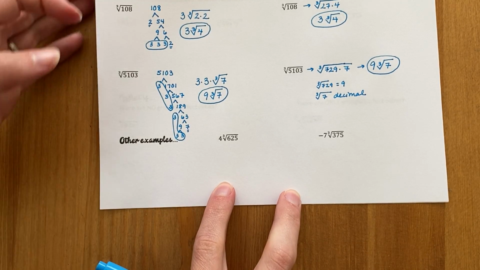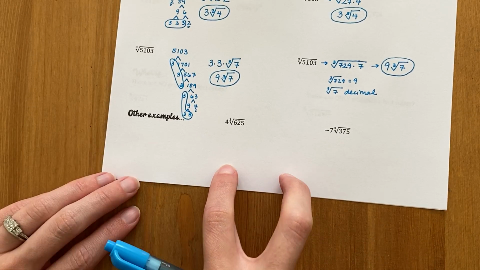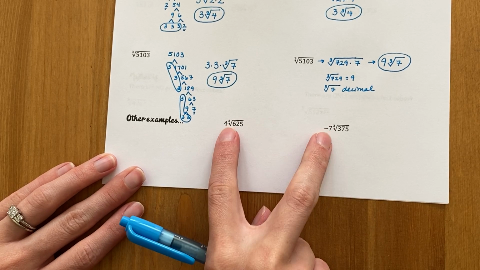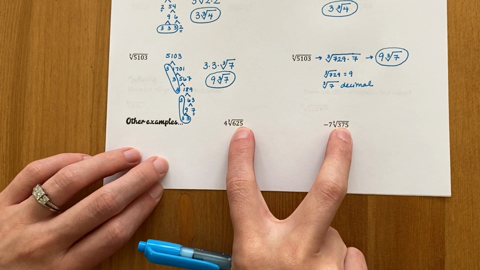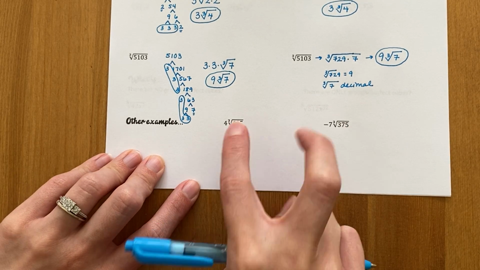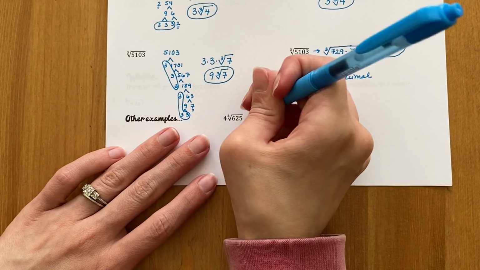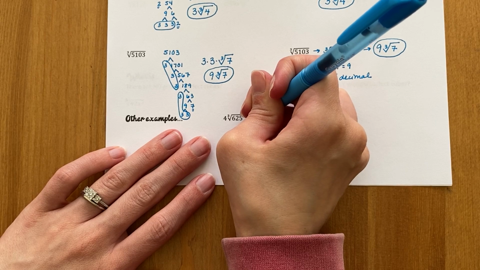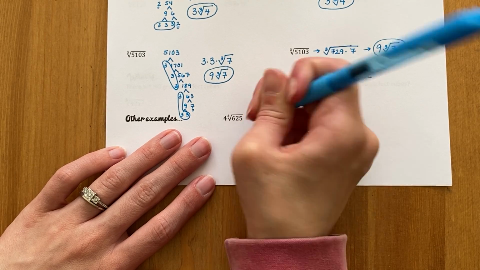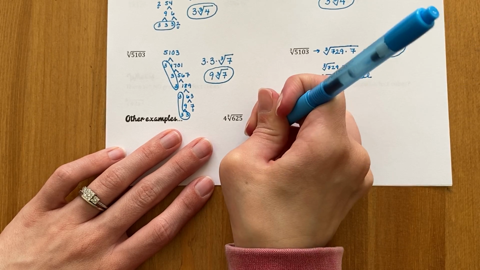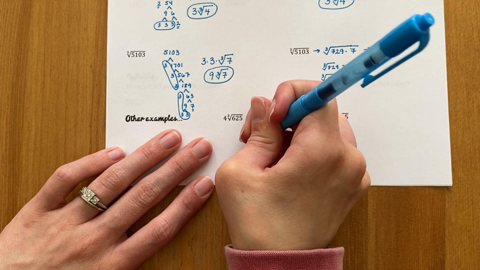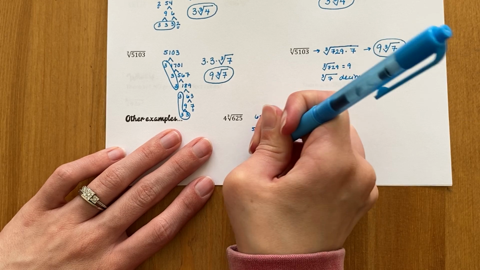All right, other things that can happen, again, is just having that number out in the front. And again, those numbers are going to hang out until the very end. To simplify the actual cube root part, you can use whichever method you prefer. So I'll do the first one using the factor tree, where we just break this into whatever you see fit. So 625, I just divide by 5 first, so 5 and 125. 125 divided by 5 is 25, and 25 also breaks into 5s.